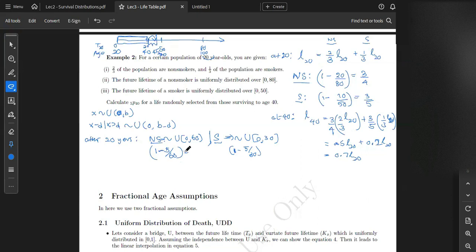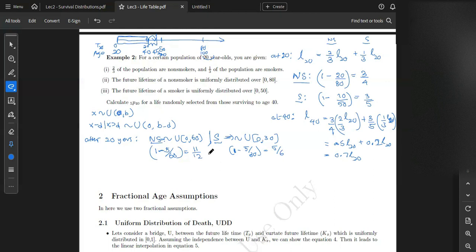And we have the proportion of survivals of these smokers who are at age 40 by now. This is based on the condition where they have already survived to age 40. So this gives you 5/6. So these are the two percentages of survivors from those who have already survived up to age 40.